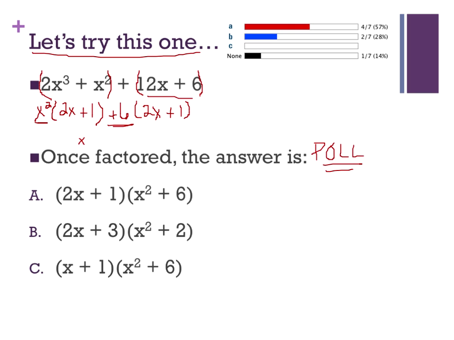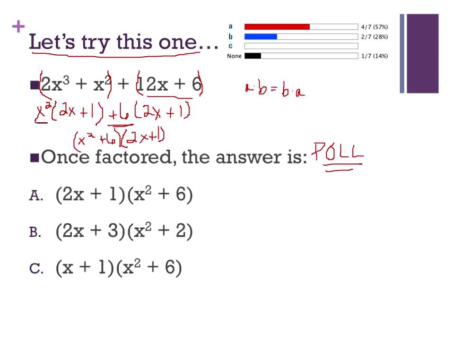And then how this groups together is I have x squared plus 6 as one of my factors, and 2x plus 1 as another factor. Now, we know in multiplication that A times B is the same as B times A. Again, A and B can stand for anything.